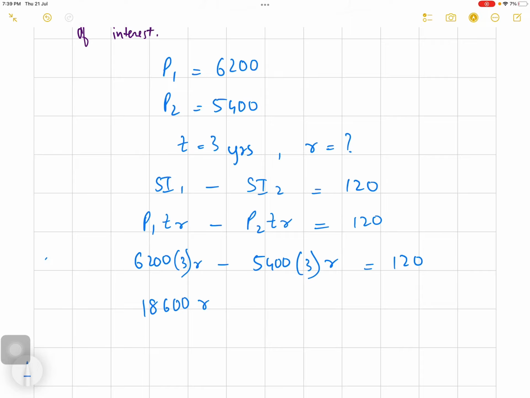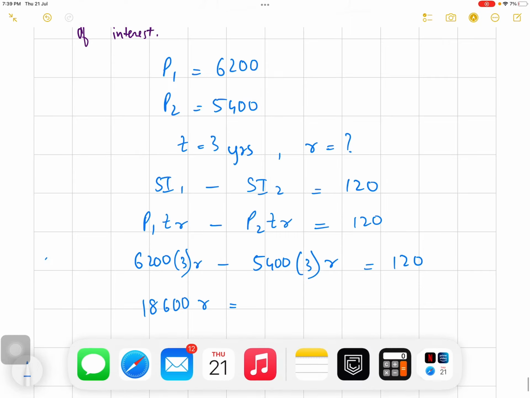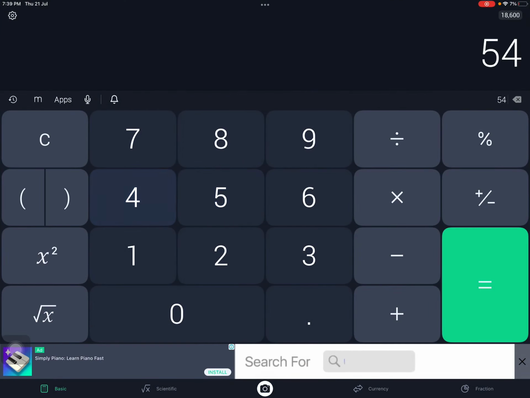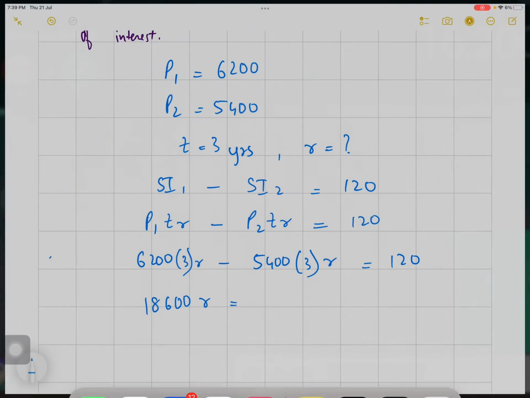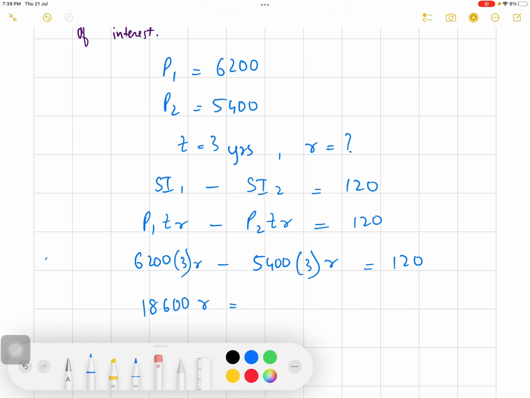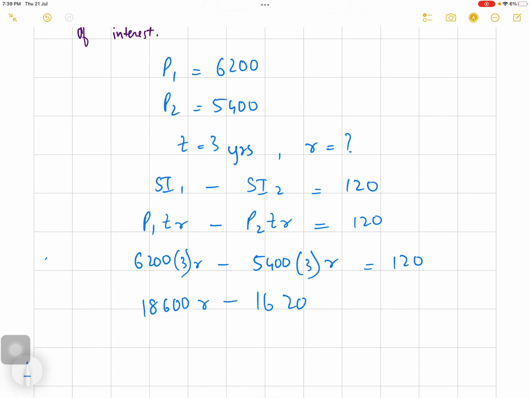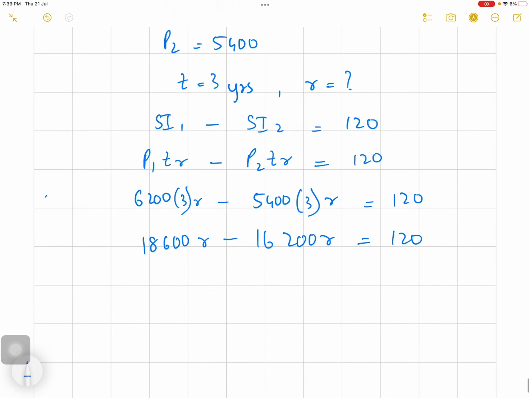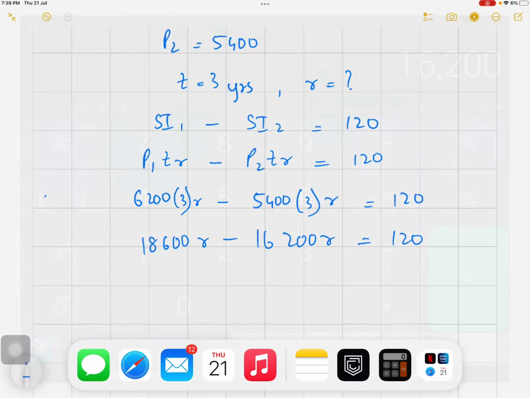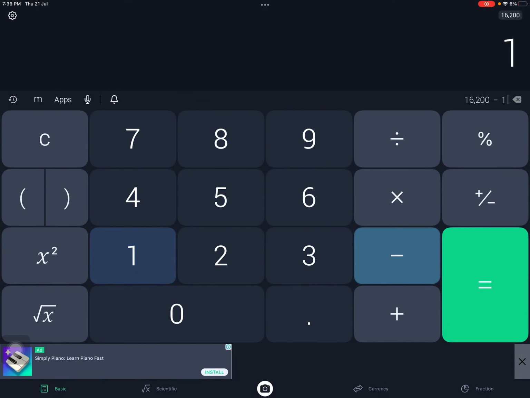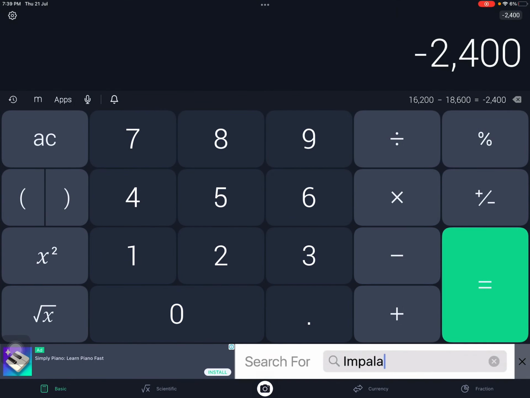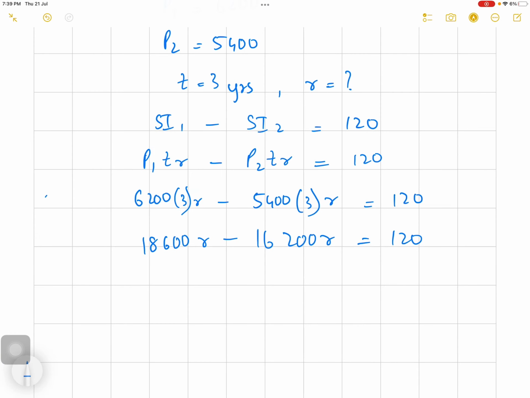So 18,600 R minus 5,400 into 3, 16,200 R, is equal to 120. 18,600 minus 16,200 comes to 2,400.